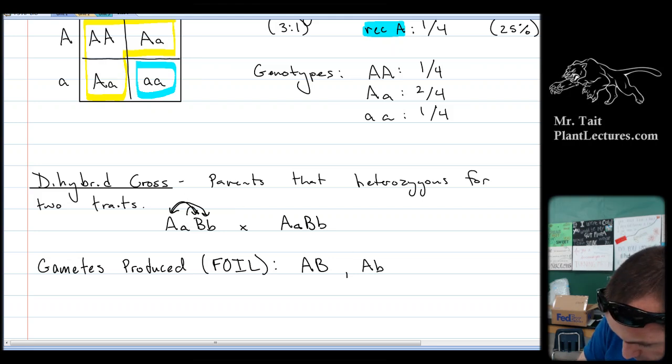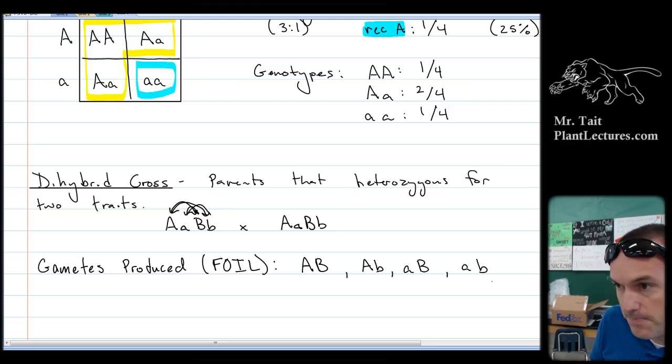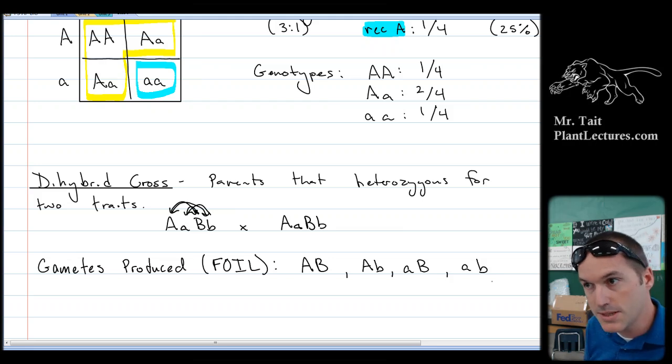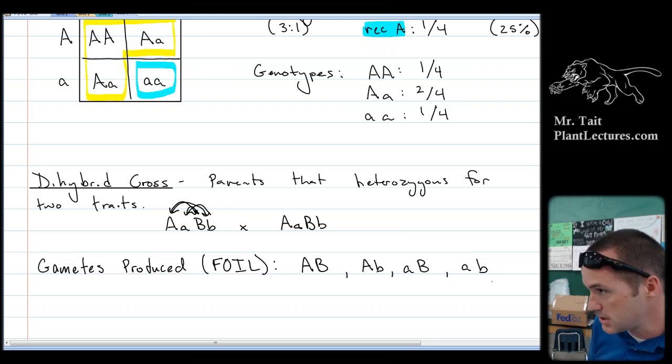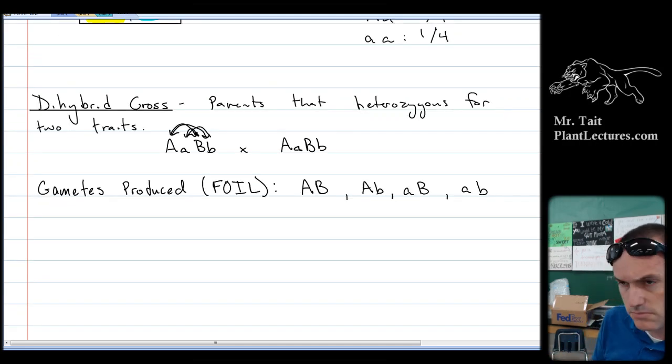Inside, little a, big B. Last, little a, little b. These are the gametes that are produced by this parent, or the combinations of alleles that would be in the gametes, assuming normal meiosis, assuming no crossing over, or rather, no gene linkage. Yeah? Good? Okay.